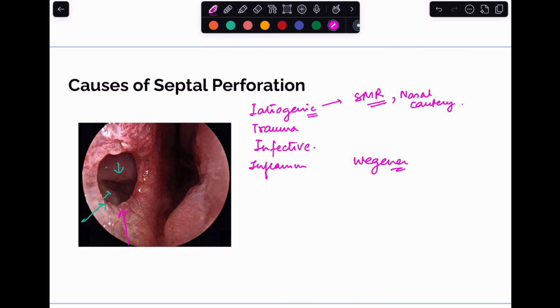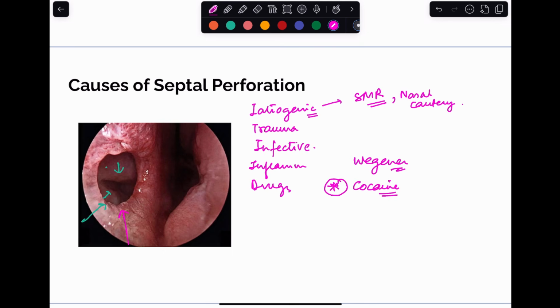These cases also we'll see septal perforation. Then we have some drugs and chemicals that can cause this. For example, a typical MCQ or viva question over here is a cocaine abuse case, we will be seeing septal perforation. Even in case of chronic use of topical decongestants, you can see septal perforation.